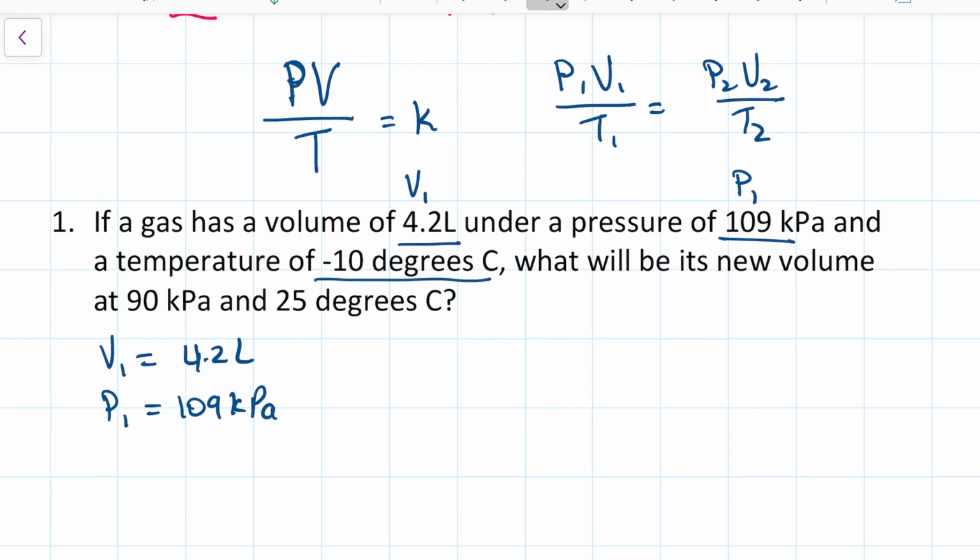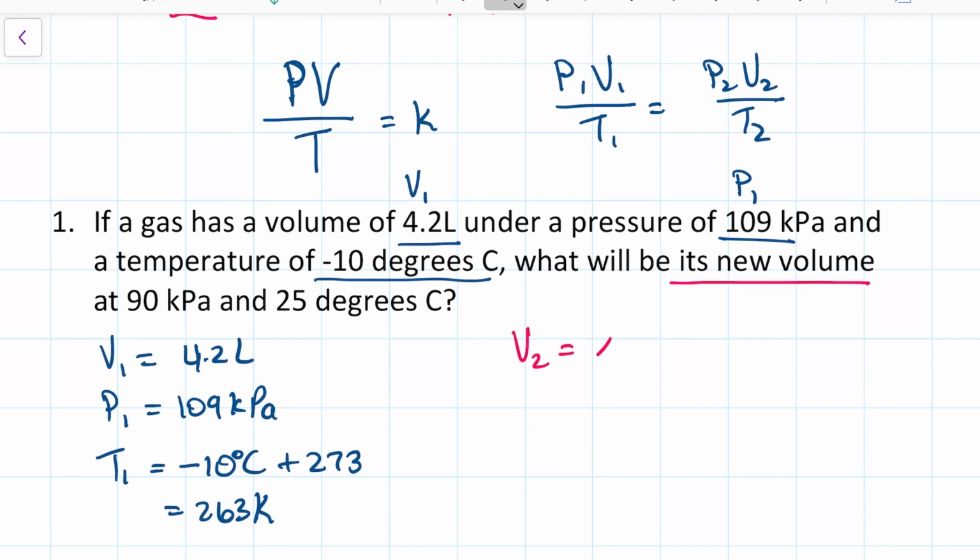And a temperature of minus 10 degrees Celsius, that's going to be our T1, and we know we need to add 273 to that to get it to Kelvin, so that's going to be 263 Kelvin. So these are all our ones, our V1, our P1, our T1, that's how they exist at that moment in that system.